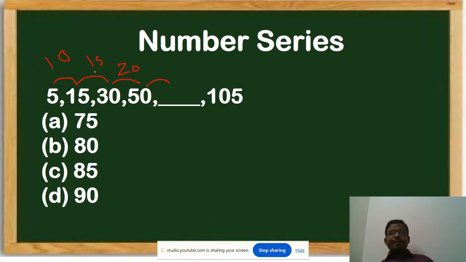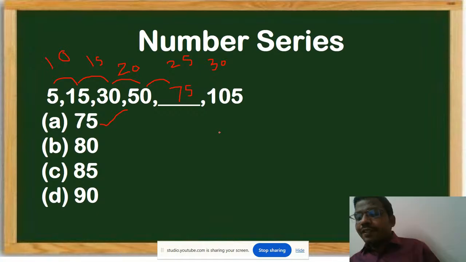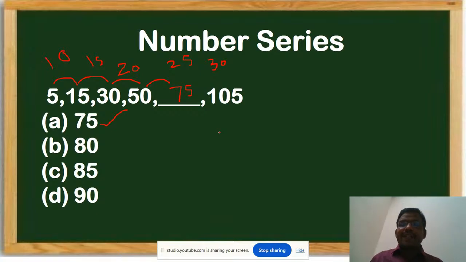So 10 becomes 15, 15 becomes 20, 20 becomes 25. So 50 plus 25 is 75. After 25 comes 30, so 75 plus 30 is 105. The required missing number is 75. Simple question. Got it? Clear?